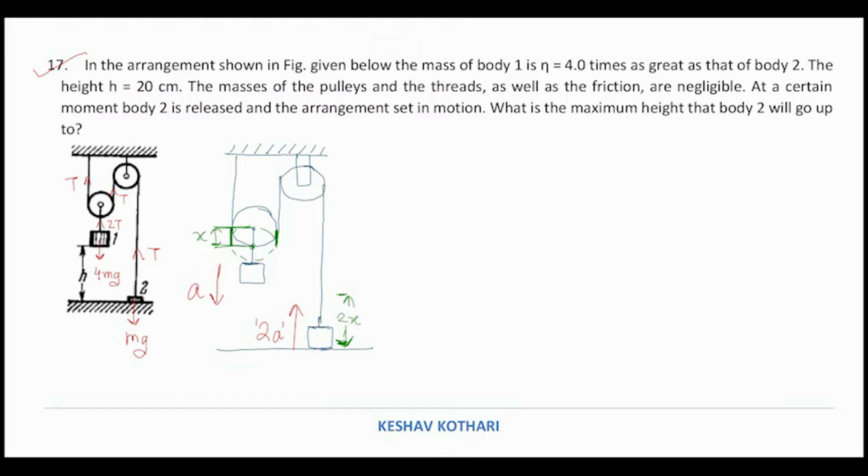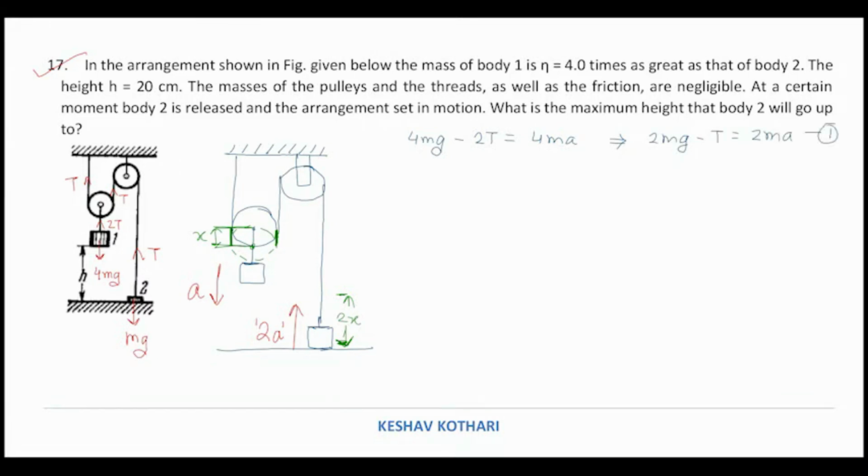Now we can write the equation for the first mass: 4mg in the downward direction minus 2T is equal to 4ma. Rewriting, 2mg minus T is equal to 2ma. This is the first equation.